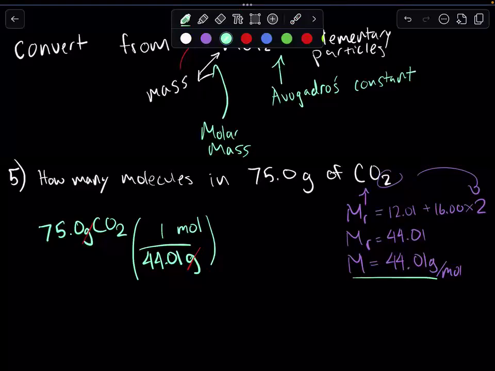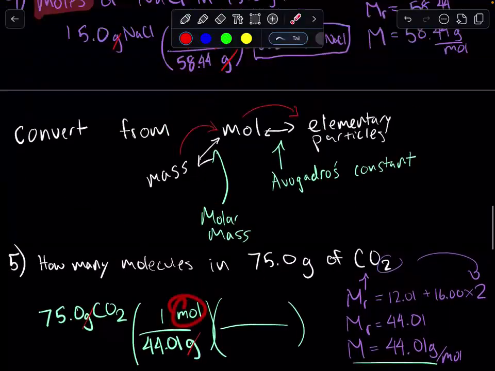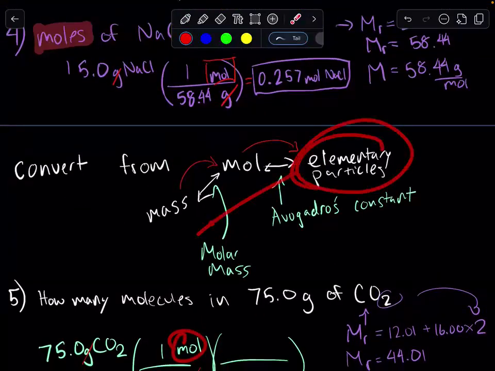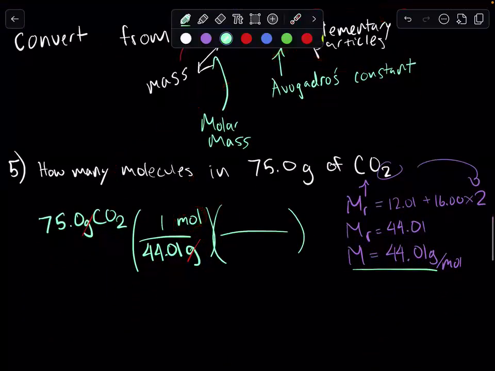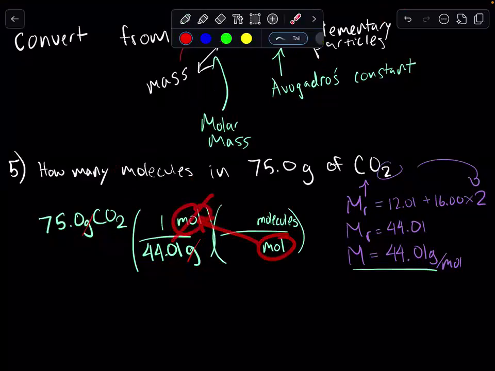Now, here's the beauty. I don't have to stop and do the math. I can just keep adding another parentheses. And now I need to get rid of this mole value because what I want are my elementary particles. In this case, these are molecules. So I want molecules on top, and I want mole on the bottom so that this mole and this mole cancel out.